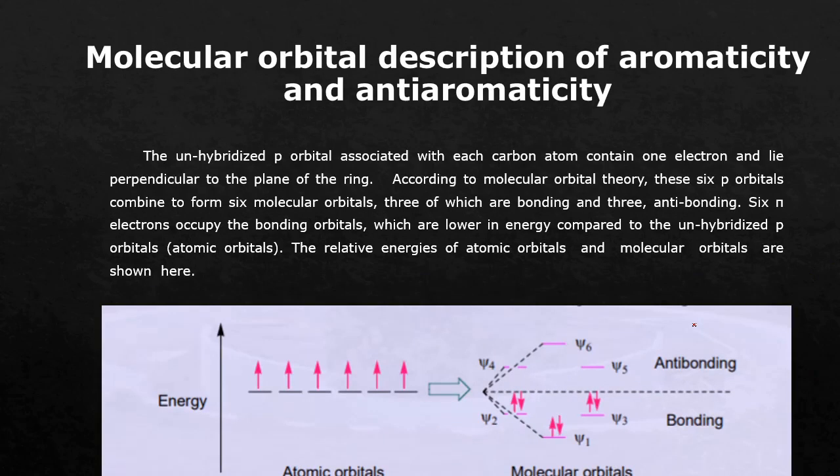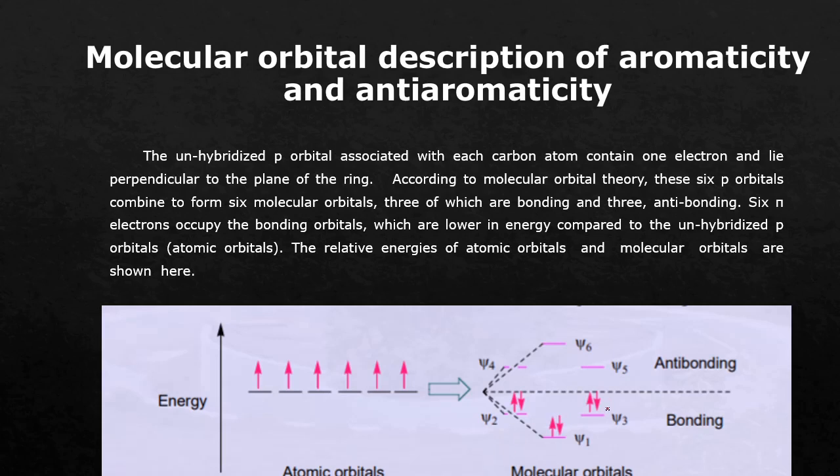Okay, the unhybridized p orbital associated with each carbon atom contains one electron and lies perpendicular to the plane of the ring. And according to the molecular orbital theory, these 6 p orbitals combine to form 6 molecular orbitals, 3 of which are bonding and 3 are anti-bonding. The 6 pi electrons occupy the bonding molecular orbitals.